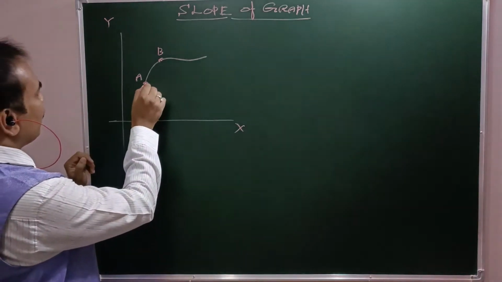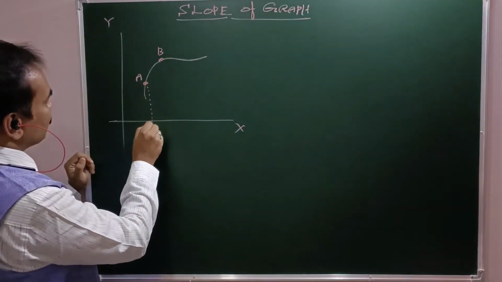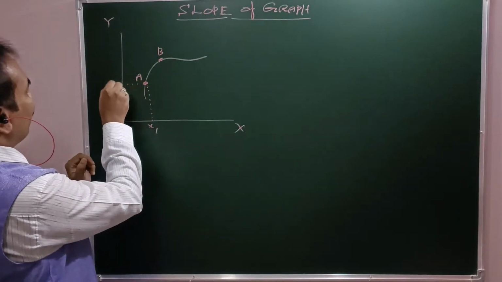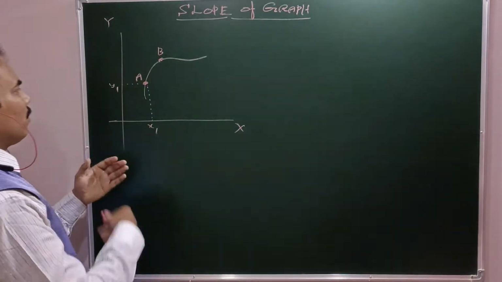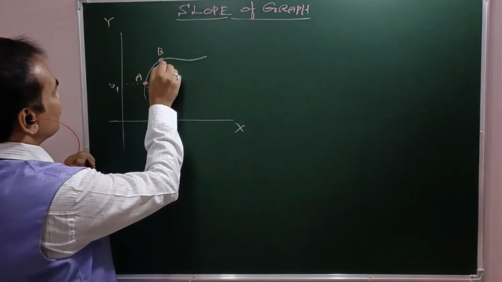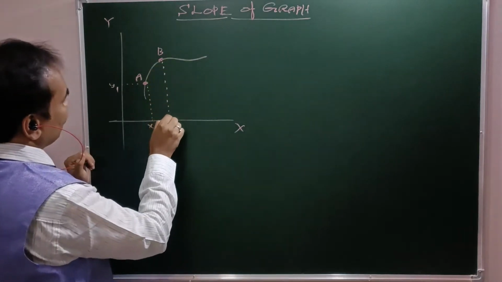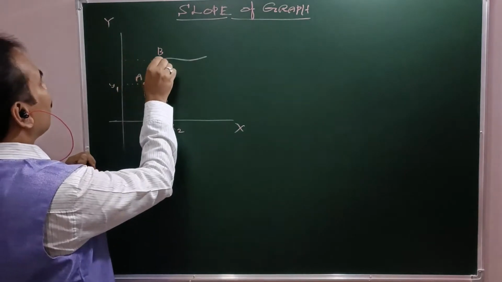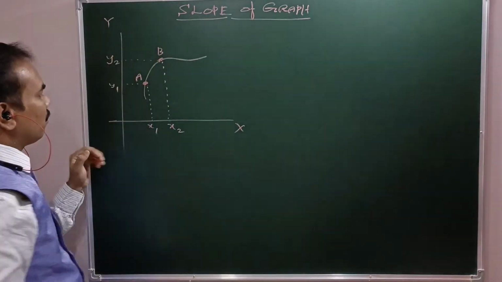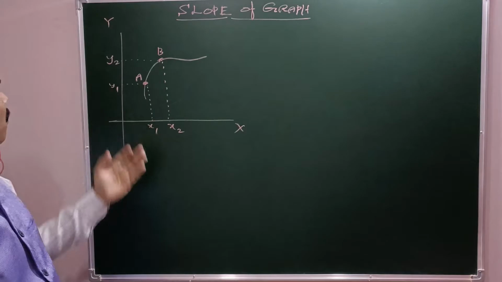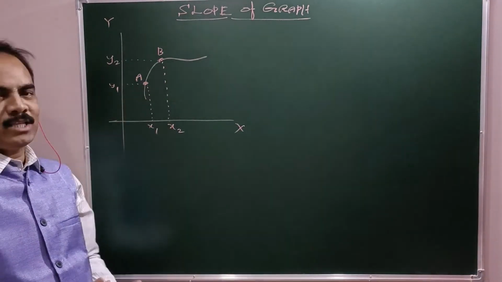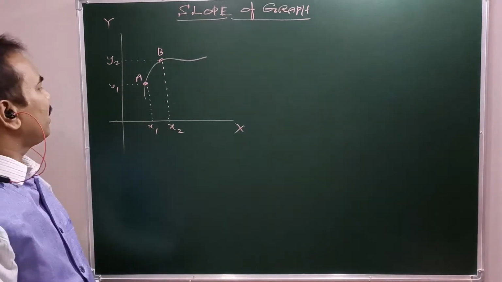At point A, this is x1 and at the same point, this is y1. At point B, the value of x is x2 and this is y2. So x1, x2, y1, y2 are the values of quantities x and y at points A and B respectively.